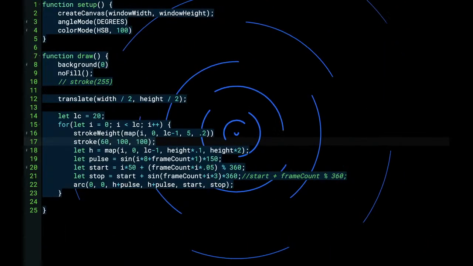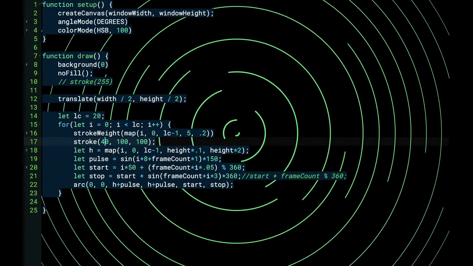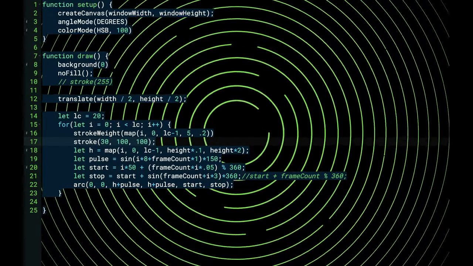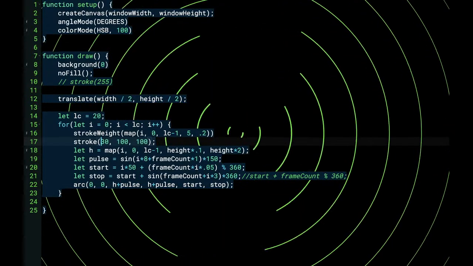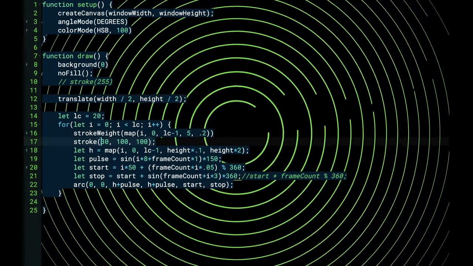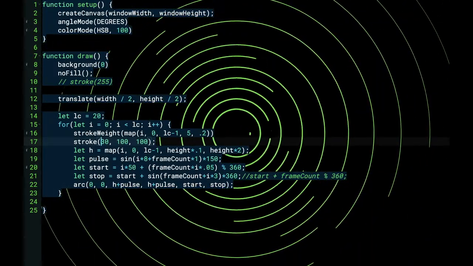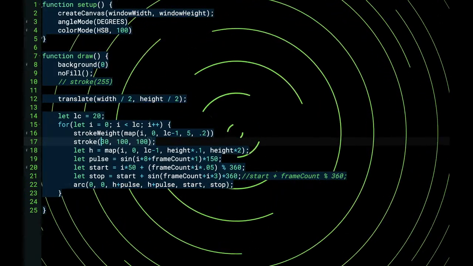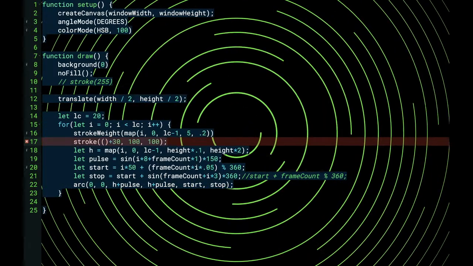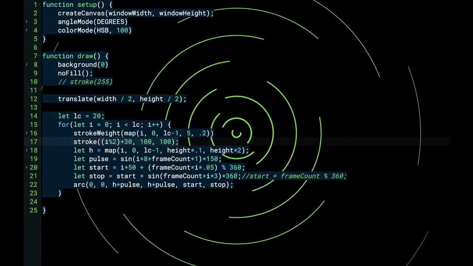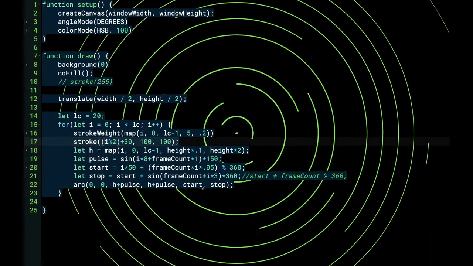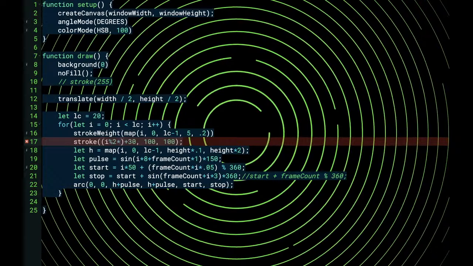Can go through and check out a couple colors, and it might be nice just to play with 2 colors in there. So maybe just take the even odds of I. So what should we do? We should go plus and say I modulo 2 times 20.